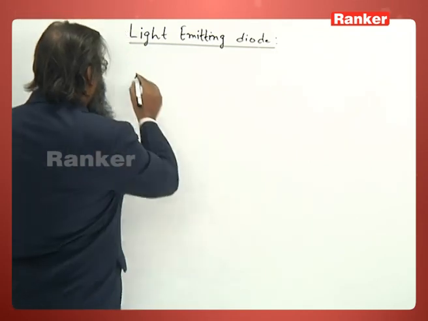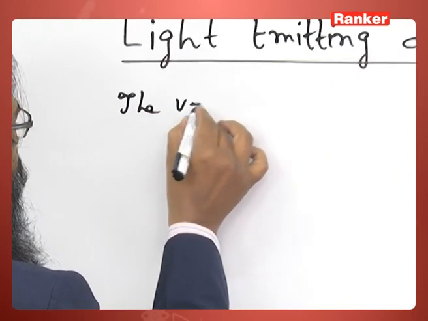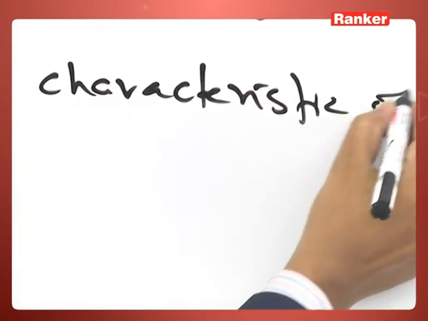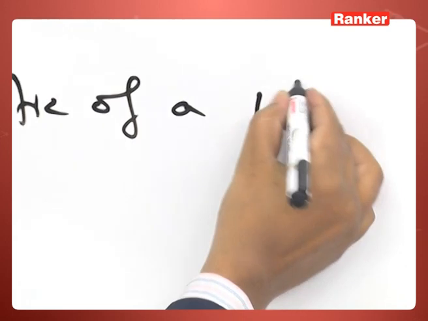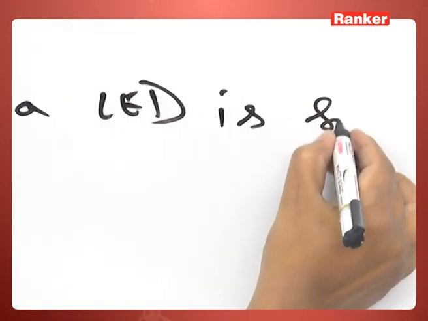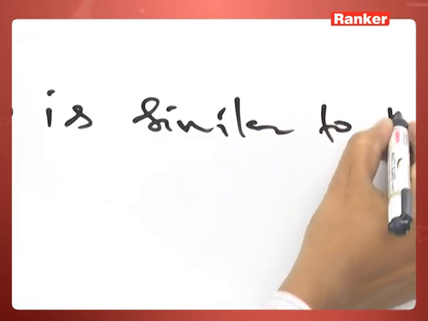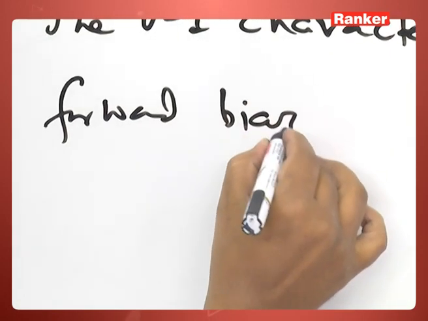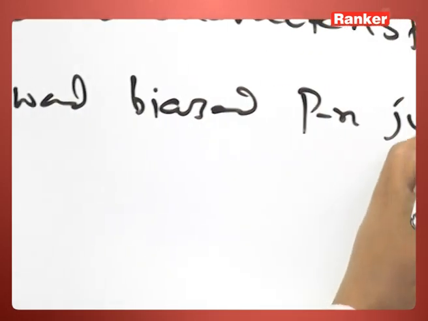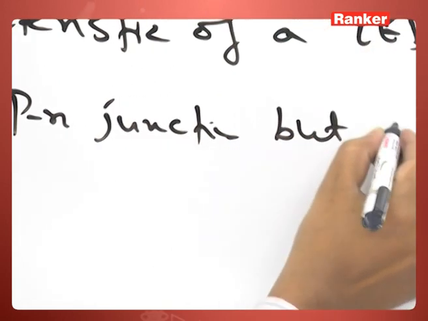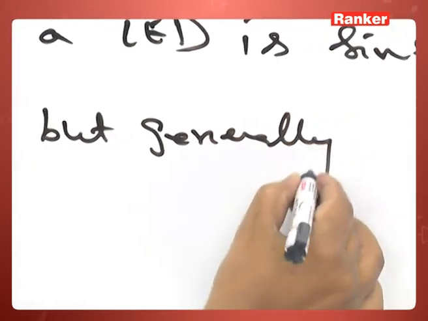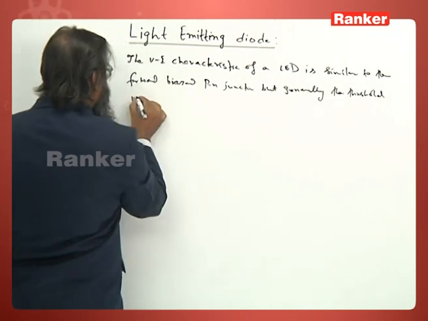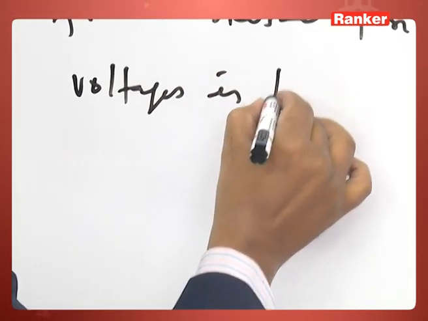Now, the VI characteristic of an LED is similar to a forward biased PN junction, but generally the threshold voltage is higher.